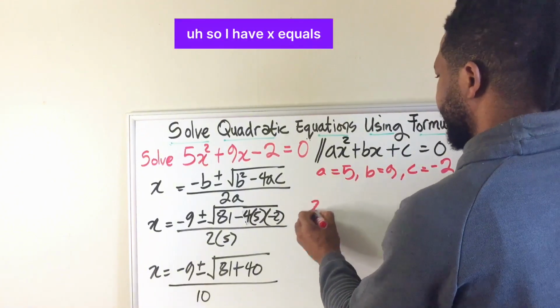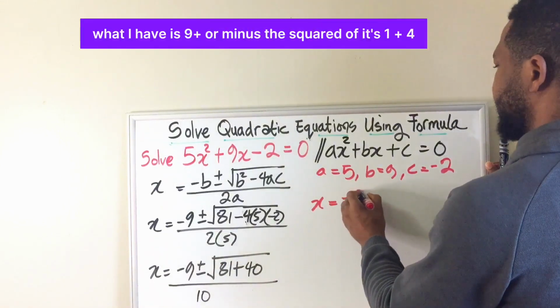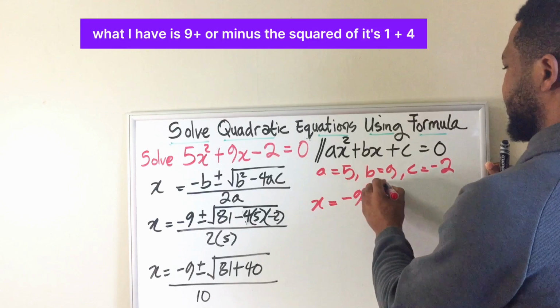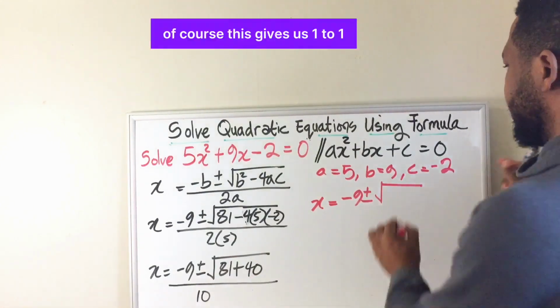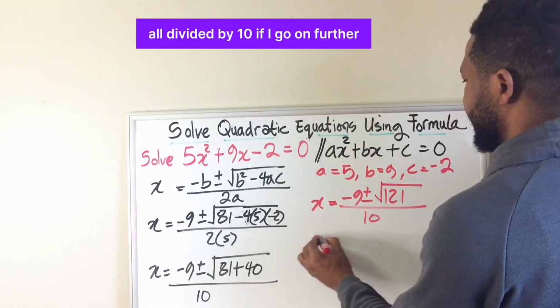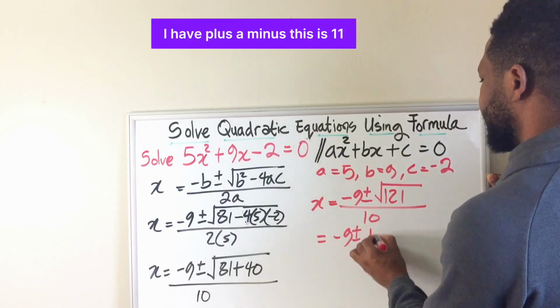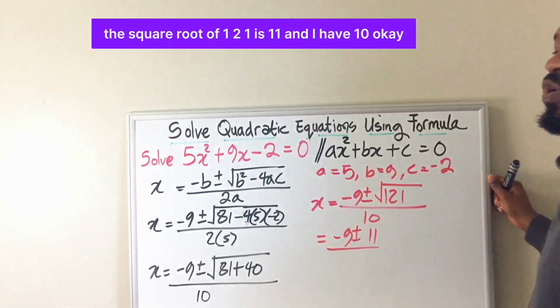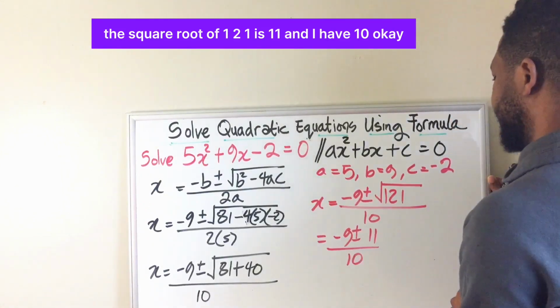So I have x equals, simplifying this, negative 9 plus or minus the square root of 81 plus 40. Of course, this gives us 121, all divided by 10. If I go on further, I have plus or minus, the square root of 121 is 11, and I have 10.